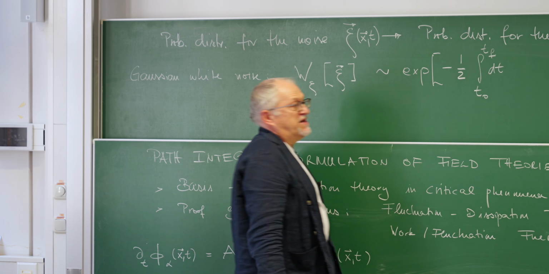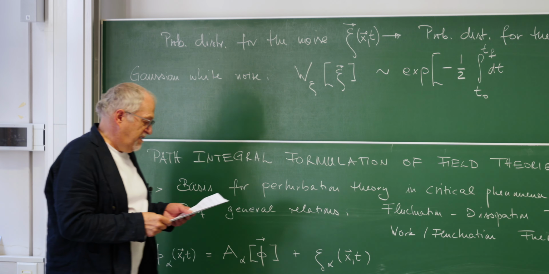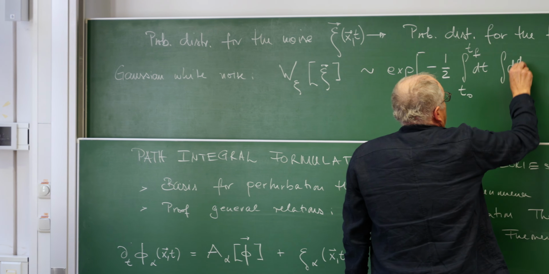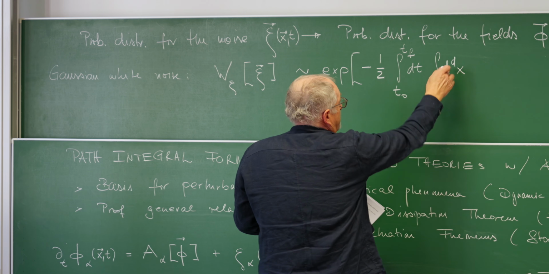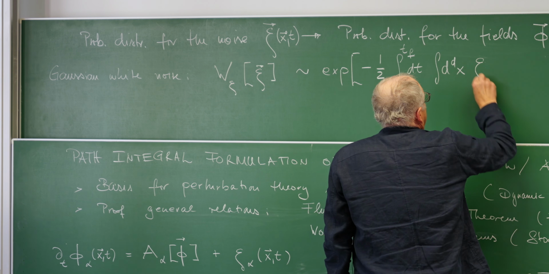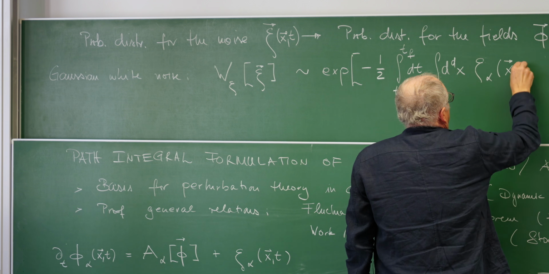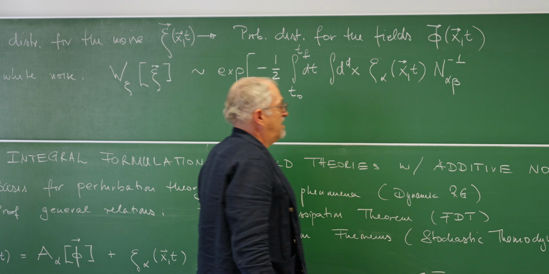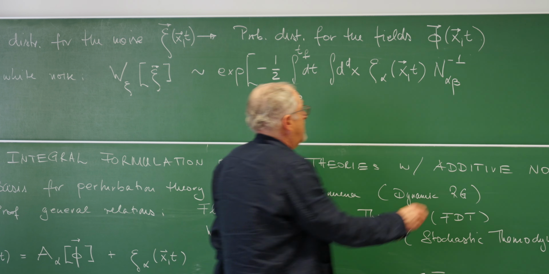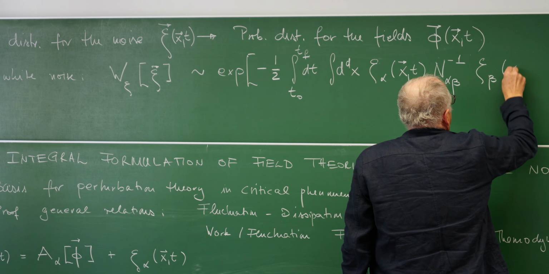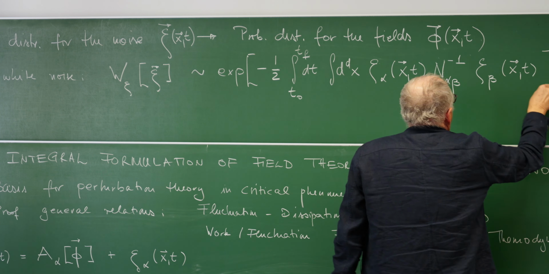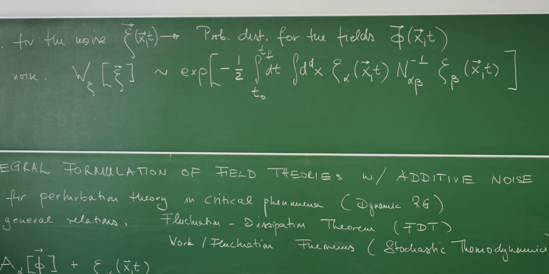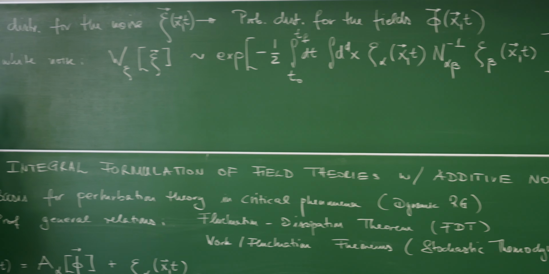I'm observing my stochastic process for the window from time t0, some initial time, to some final time tf. And I'm integrating over space, and in general this will be a d-dimensional space. Then I have zeta alpha of x and t, the noise amplitude matrix taken as its inverse, times zeta beta of x and t, where in this notation I'm implying a convention that I'm summing over all repeated indices that appear there.